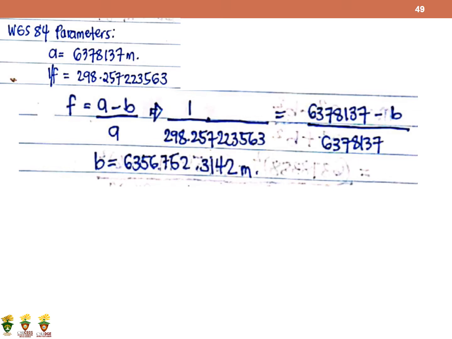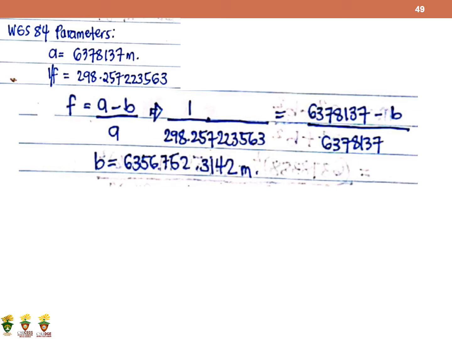So the flattening is now equal to 1/298.257223563. And since the formula of the flattening is semi-major axis minus semi-minor axis all over semi-major axis, we can now determine the value of b.